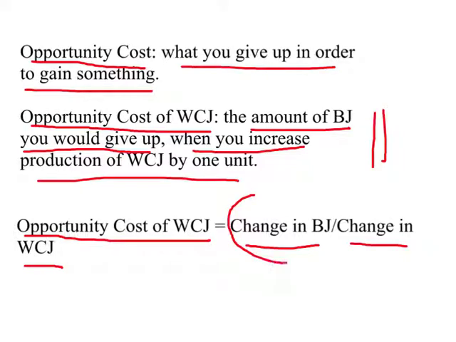You know what this ratio means. We looked at it from the slope side when we discussed tools we use in mathematics. So what would this represent? By how many units we have to reduce production of baggy jeans when production of Western cut jeans increases by 1 unit. Let us now calculate these numbers.